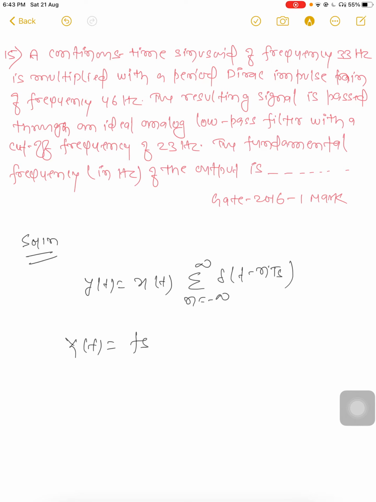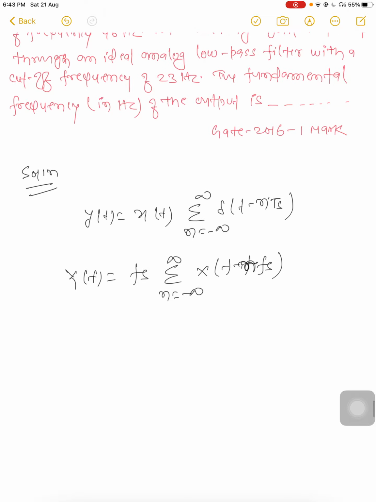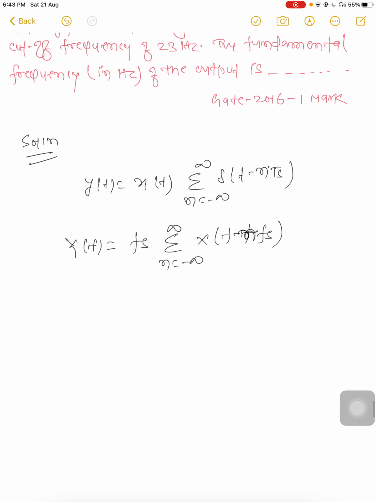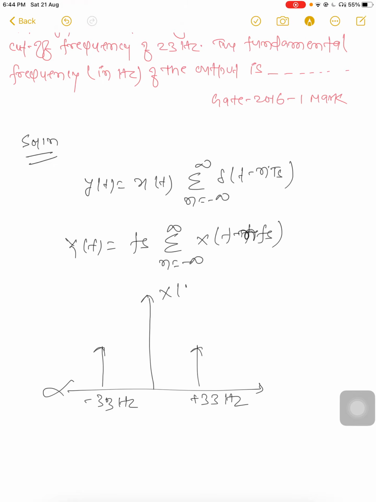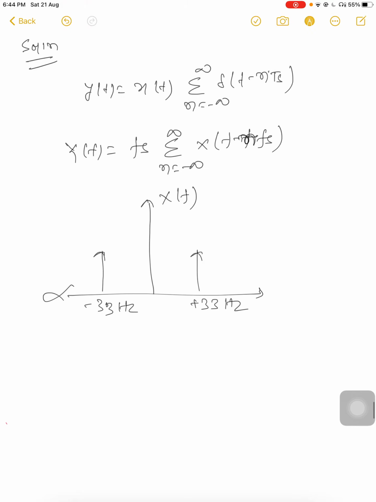So yf is equal to fs summation n equal to minus infinity to infinity of x(f minus n fs). The spectrum of xf and yf are shown below: minus 33 hertz and plus 33 hertz, this one is xf and yf.